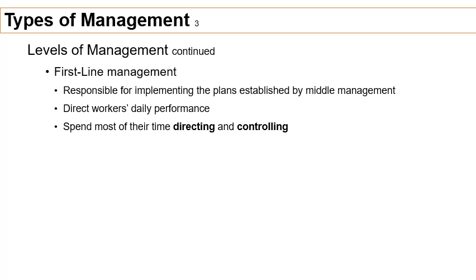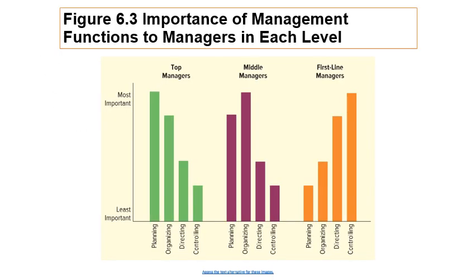So they are in charge of making sure that the workers are getting the degree of performance that is required by the goals that you have set up. And to do that, they need to be doing some directing and some controlling. So they're going to be measuring performance, evaluating performance, and making sure that if it's needed, corrective action is actually taken.